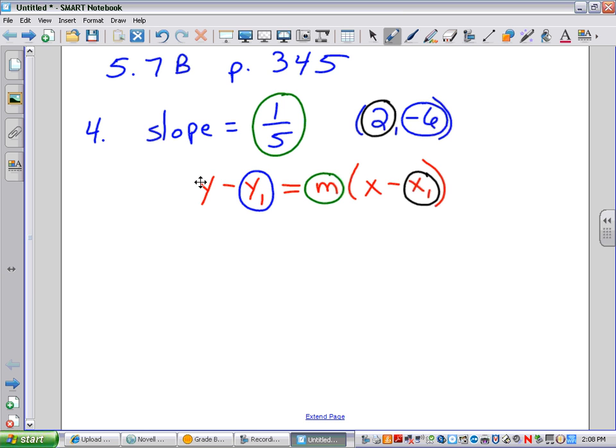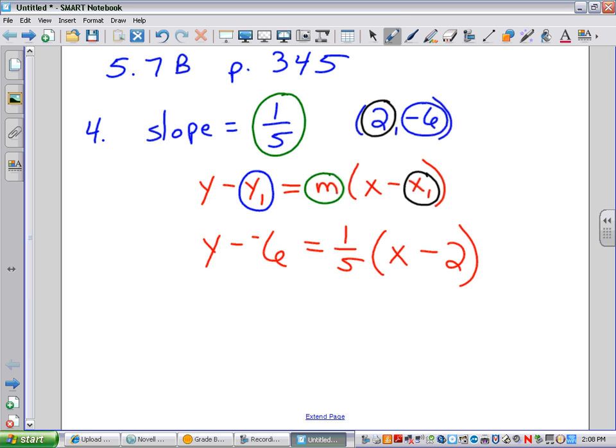So I keep the y out front. Y minus y1, well, that would be the -6. Now in a minute, I'm going to fix those 2 negatives in a row and make it a +6. Keep going. Equals m, which is 1/5, parentheses x, I keep that x, minus x1, and that's that 2.